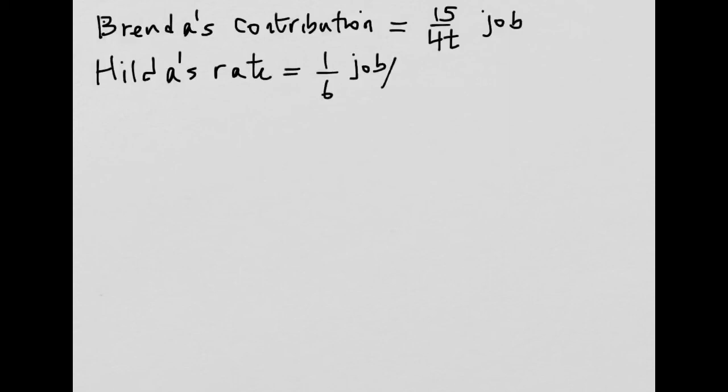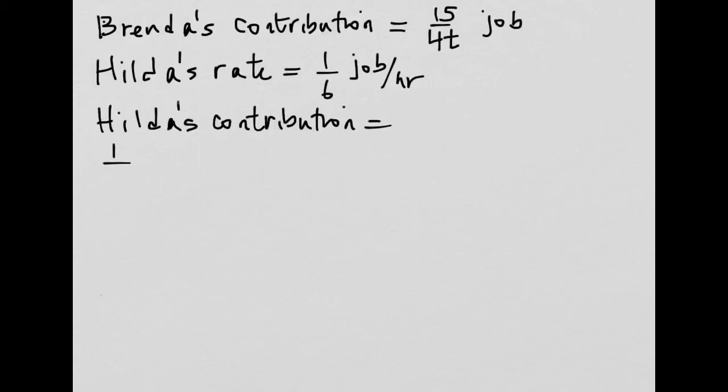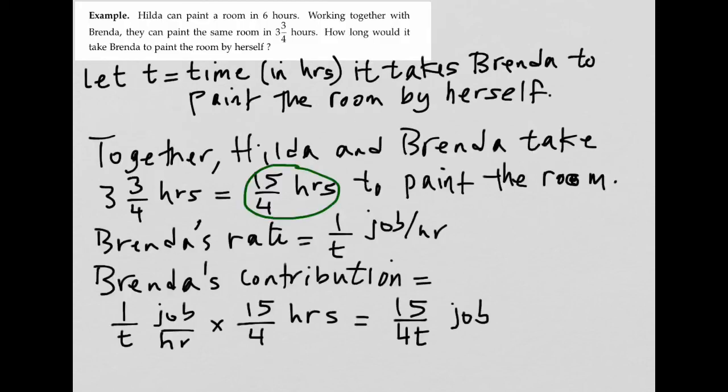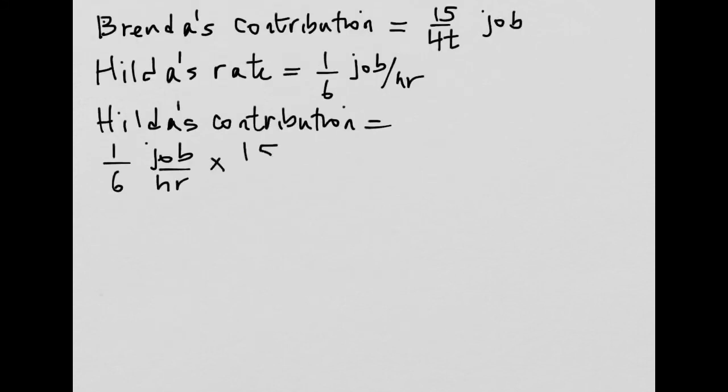job per hour, and therefore Hilda's contribution is Hilda's rate, 1/6 job per hour, times the total time, which is 15/4 hours. That's the total time it takes both Hilda and Brenda to finish the job.